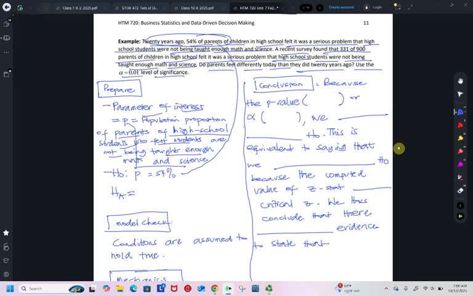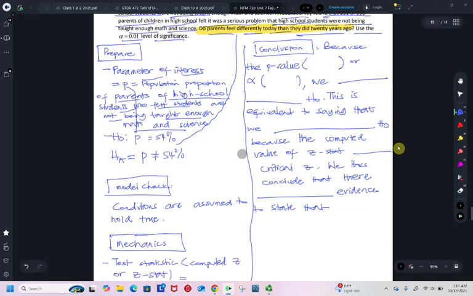And currently, what is the impression that we would like to test? A recent survey showed this data from the sample, and we want to check if parents feel differently than they did 20 years ago. That is, that proportion, P, has differed from 54%, either above or below.